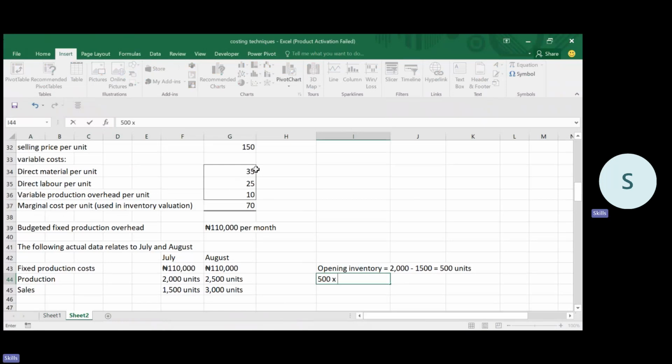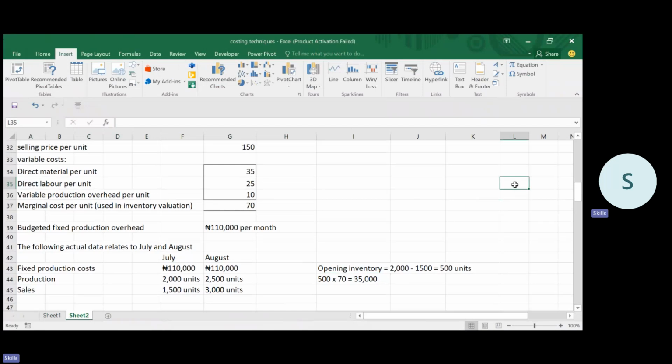This is the total variable cost, and our total variable cost here is 70 naira. It is used for inventory valuation. So we use this to value our inventory. 500 times 70 will give us 35,000. So this will be our opening stock in August.